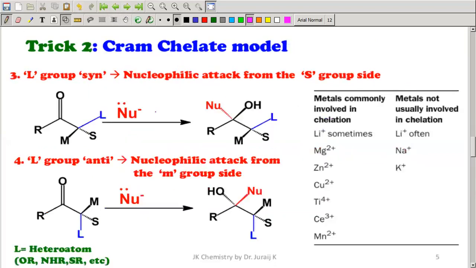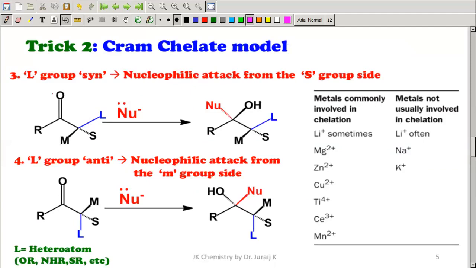Next, now we are applying another trick. Here we are going to predict the product as in the case of the Chelate model, Cram Chelate model. Here the scenario is just opposite to whatever we discussed in the earlier case. In the earlier case, anti attack takes place from the small side, syn attack takes place from the medium side.